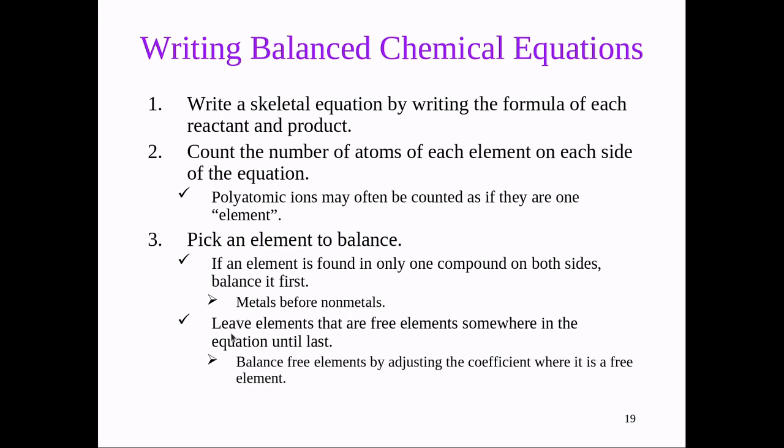And you want to leave free elements until the last. What I mean by that is, where we had our oxygen previously, that molecule only contained the element oxygen. You want to hold on to that one to the very end, because it'll be easier to use that to balance in the end.